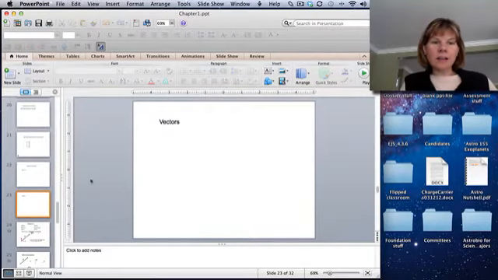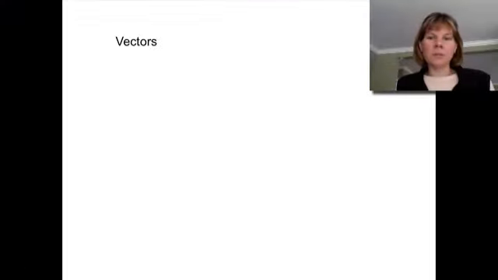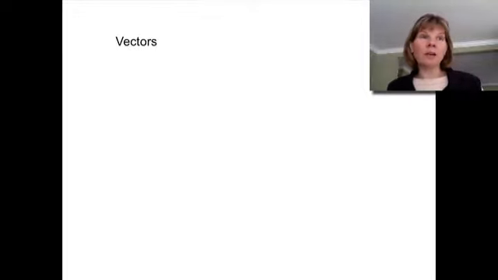Okay, so our next topic is vectors. And vectors are one of the most important constructs in all of physics. A vector, simply put, is a mathematical construct that consists of two pieces of information instead of just one. If you're talking about 5 meters or 20 seconds or 39 degrees, those things are just one piece of information.